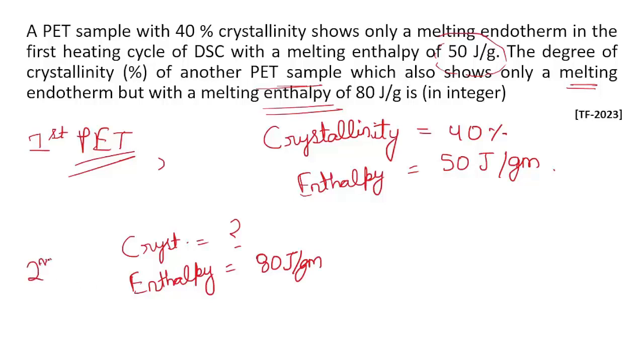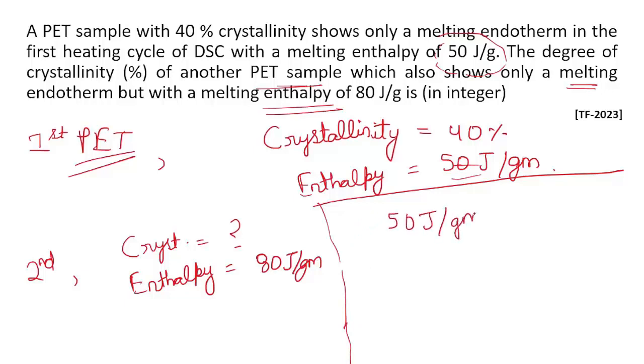So how will we proceed with these samples? As we know, both these samples are PET samples, meaning polyethylene terephthalate samples. If we say that both samples are of the same fibers, then for 50 joule per gram enthalpy, the crystallinity is 40%.